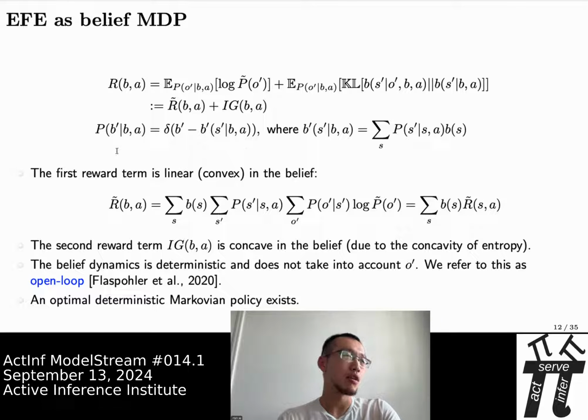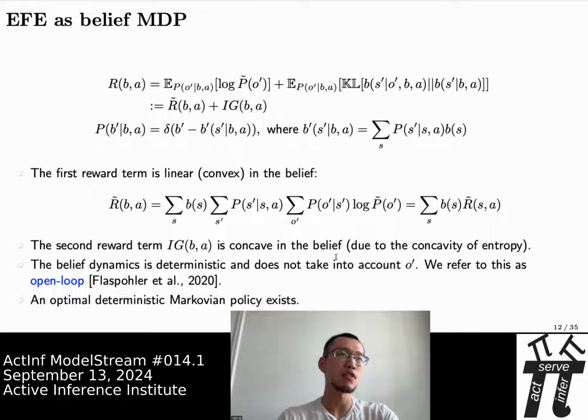Another interesting aspect about the belief transition dynamics for EFE is that, different from the Bayes optimal belief transition dynamics, it doesn't contain the counterfactual observation O prime. What this means is that instead of drawing a counterfactual observation from the current posterior predictive marginal and doing a counterfactual update, you would just directly propagate your current belief to the next state marginal.